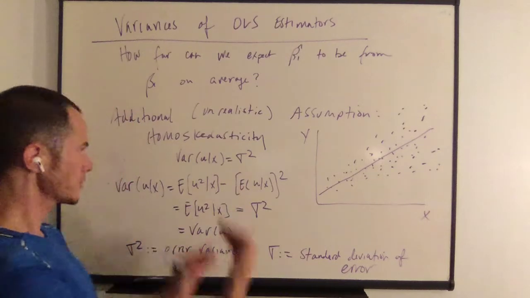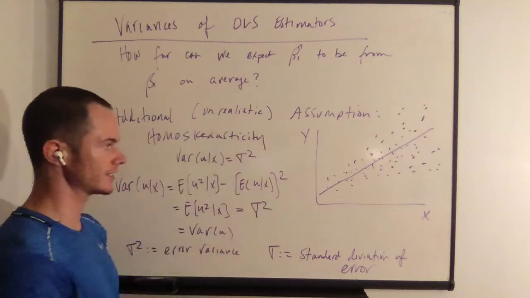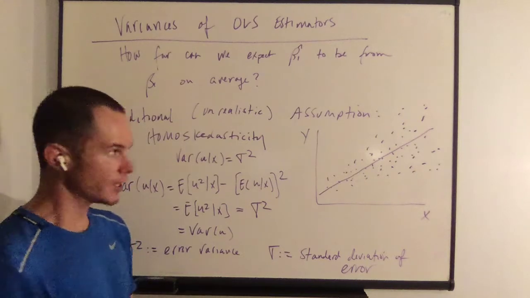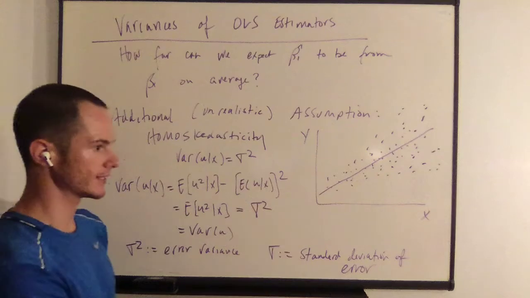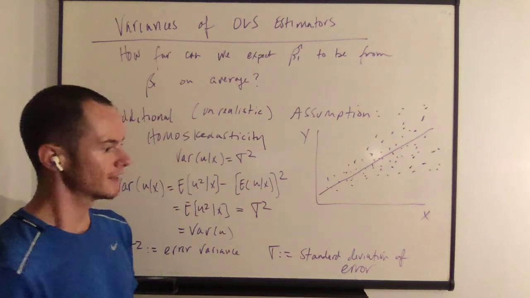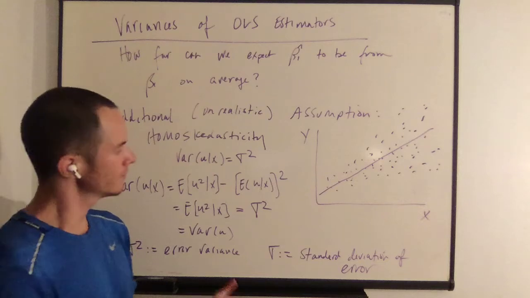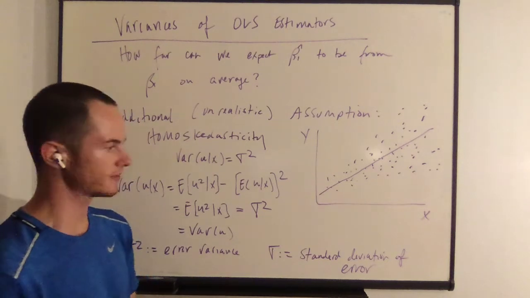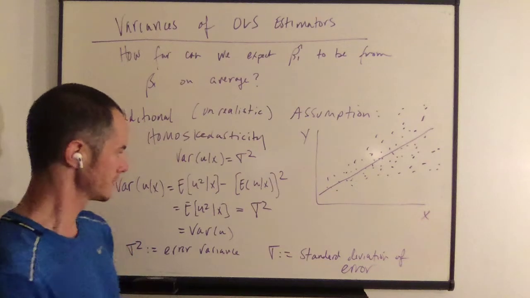But we're going to assume, in this case, homoscedasticity in order to come up with some nice expressions for the variances of the OLS estimators. Again, this is not needed to prove that OLS is unbiased. This is not needed for any other reason, just to simplify this analysis.